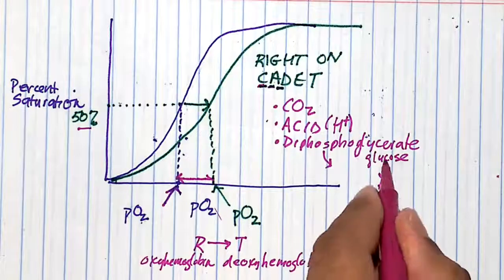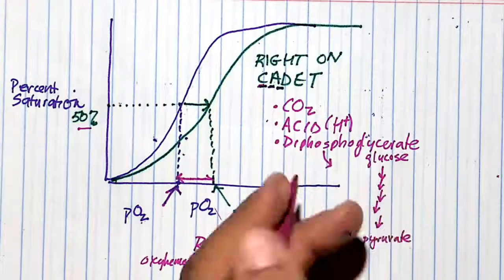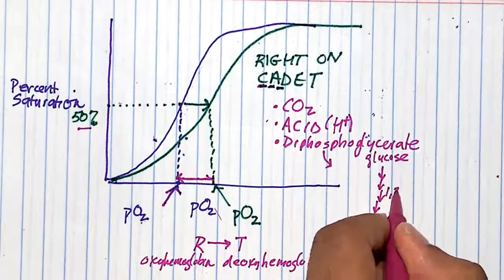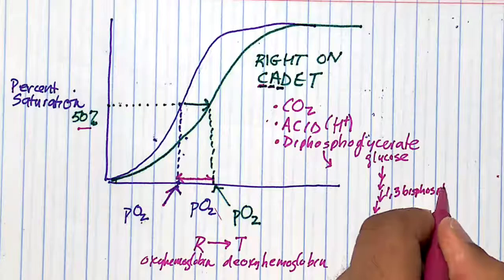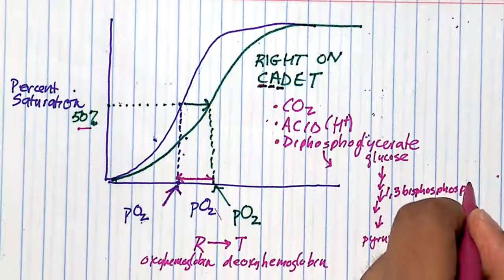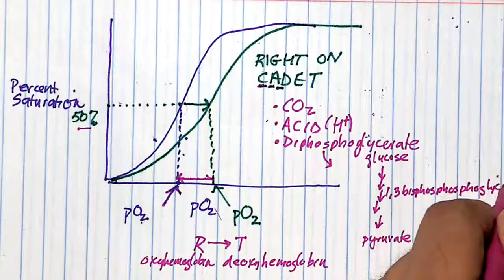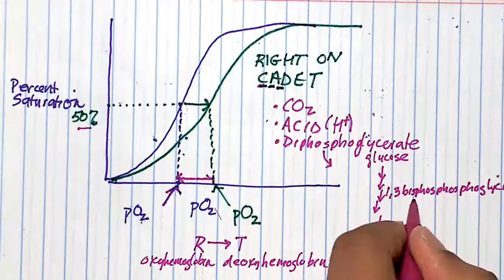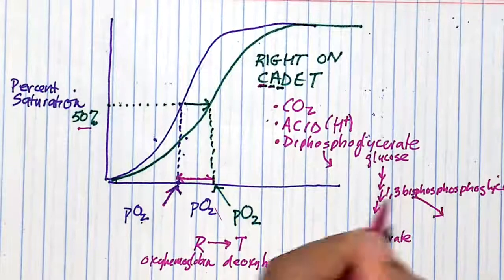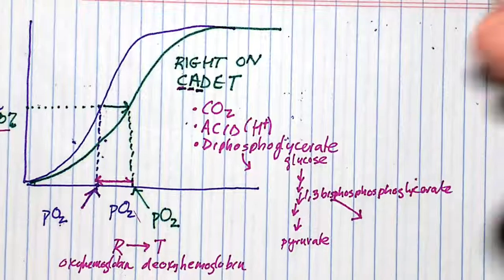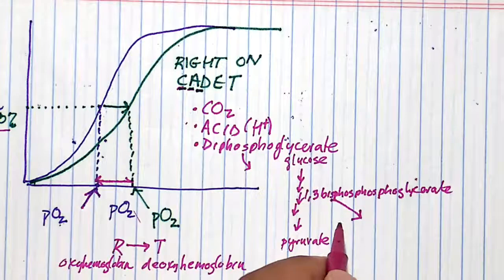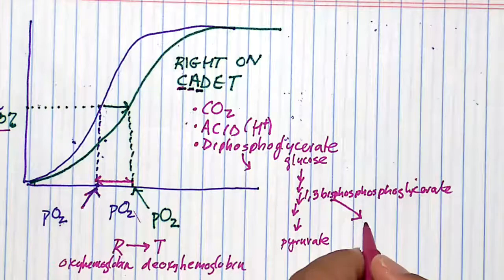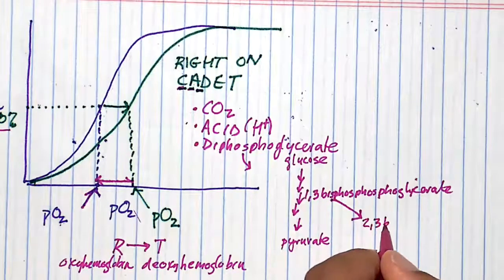One of the intermediates in going from glucose to pyruvate, this is respiration, is 1,3-bisphosphoglycerate. That 1,3-bisphosphoglycerate can come out of the pathway, not out of the cell, but can get shunted out as an intermediate of the pathway and get converted to 2,3-bisphosphoglycerate.